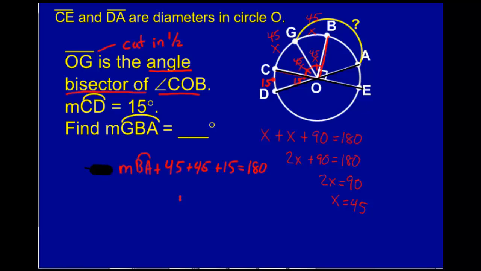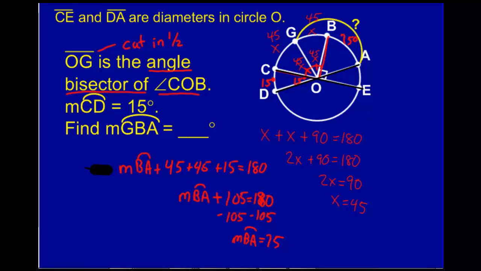And so the measure of arc BA, as we combine like terms, 45 and 45 is 90, plus 15 is 105, equals 180. When we subtract 105, the measure of arc BA is 75. So arc BA is going to be 75.